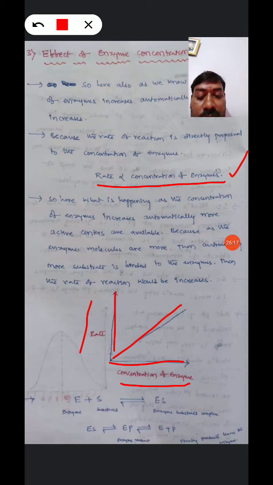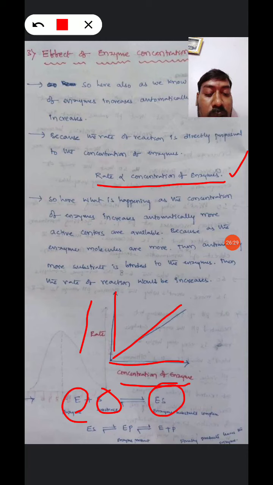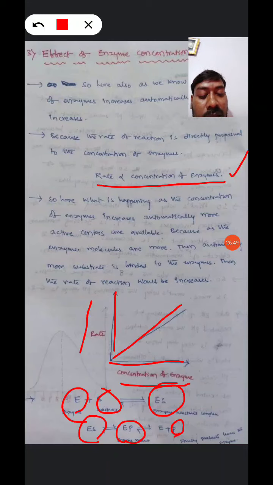Here this is an enzyme, this is a substrate. The substrate binds with the enzyme and forms the enzyme-substrate complex, and this enzyme-substrate complex is converted to the enzyme-product complex. From this enzyme-product complex, the product leaves, and finally free enzyme is formed.